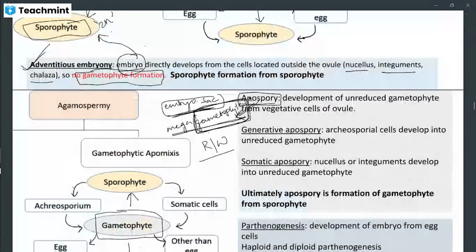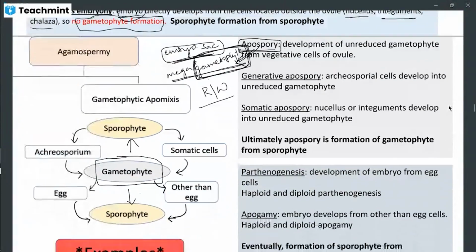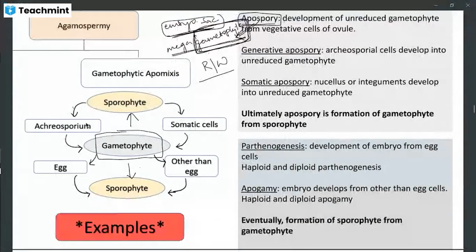It might be your nucellus, integuments, or chalaza, whatever parts are lying outside the embryo sac. If the archaeosporial cells directly develop into the gametophyte, this type of apospory is known as generative apospory. And if other somatic cells develop into the gametophyte, that is somatic apospory.